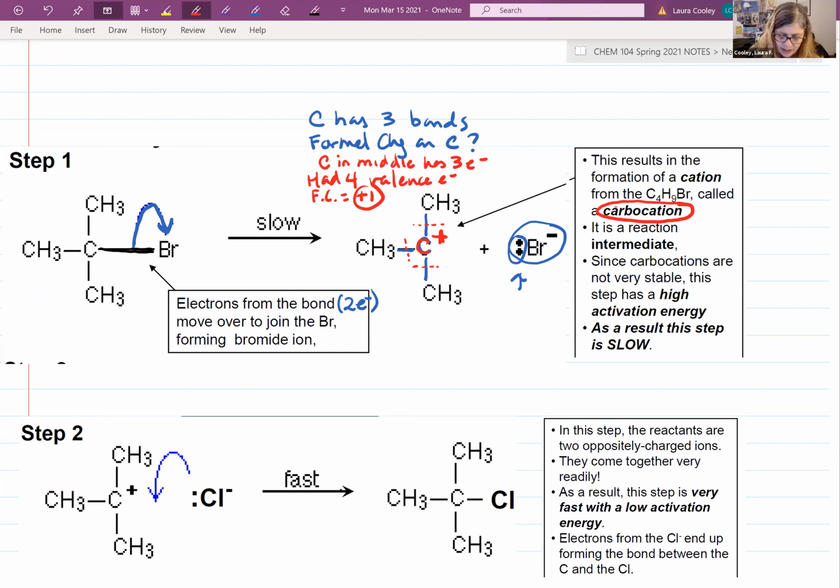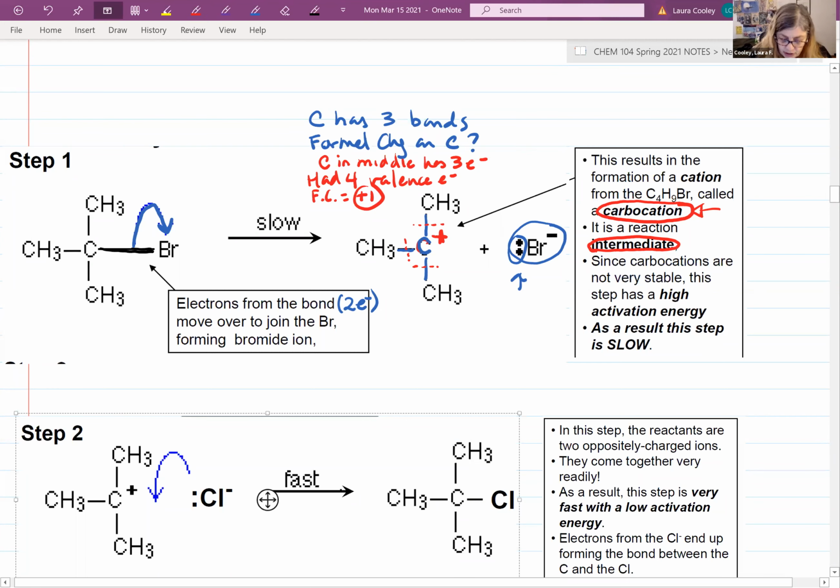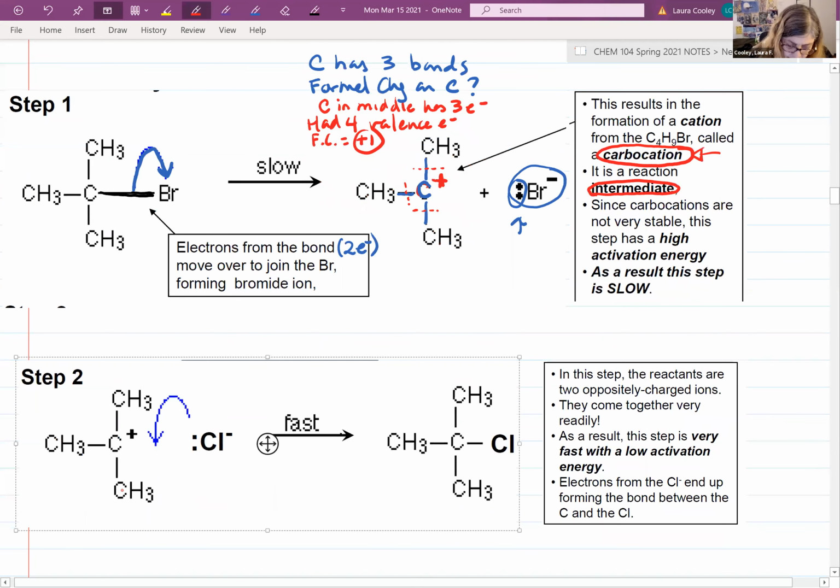So you form this carbocation. It's what we call a reaction intermediate. And the reason I know it's an intermediate is because when I go to the next step, in the next step, the 2 electrons from the chloride ion go to form a bond here between the carbon and the chlorine.